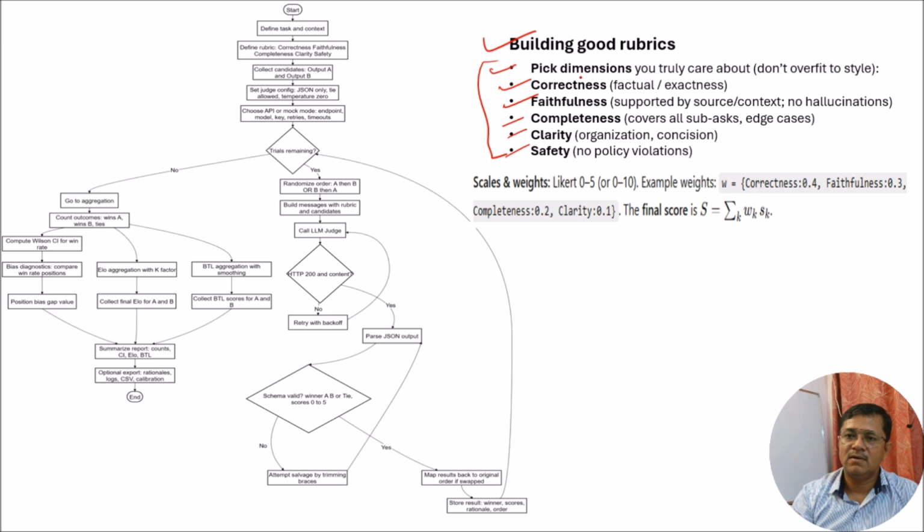Once you define all the rubrics, you have to calculate the final weight. You can give more weightage to correctness and less weightage to faithfulness. For example, here correctness gets 0.4, faithfulness 0.3, completeness 0.2, clarity 0.1. Then we can get the final score. So this is a very important part.